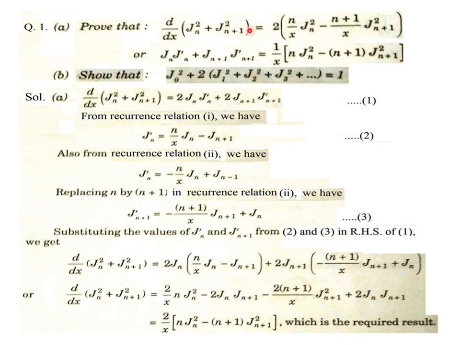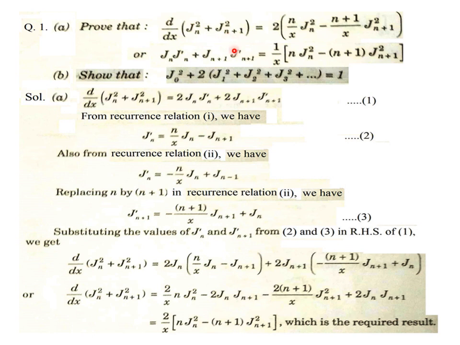How? If you simplify it, d by dx of Jn square is 2 Jn Jn dash, then plus Jn plus 1 whole square's differentiation is plus 2 Jn plus 1 Jn plus 1 dash, and then that 2 can be taken as common.